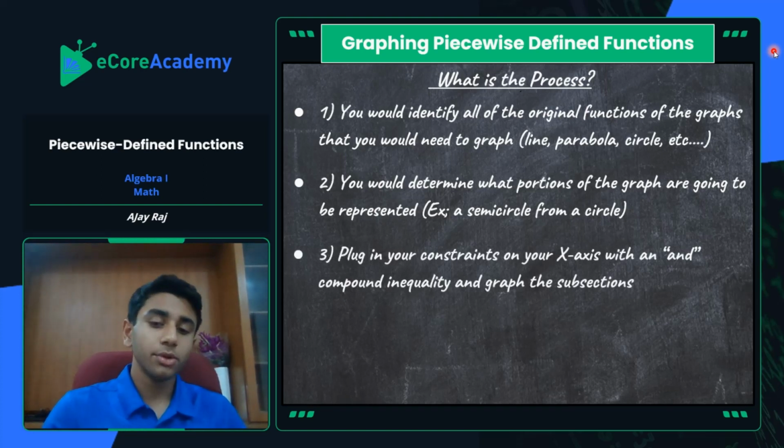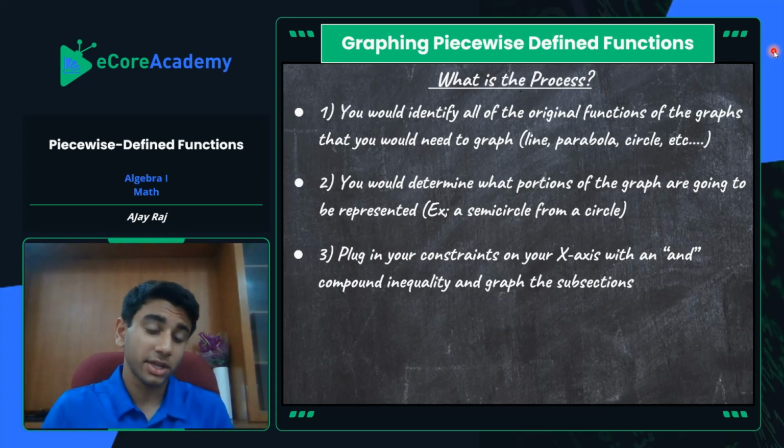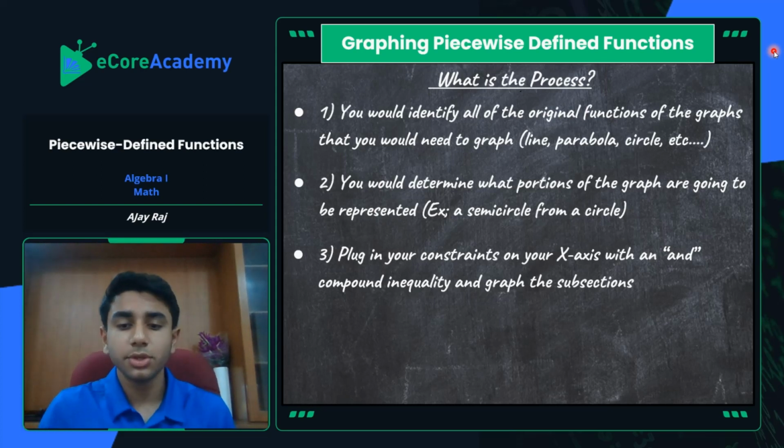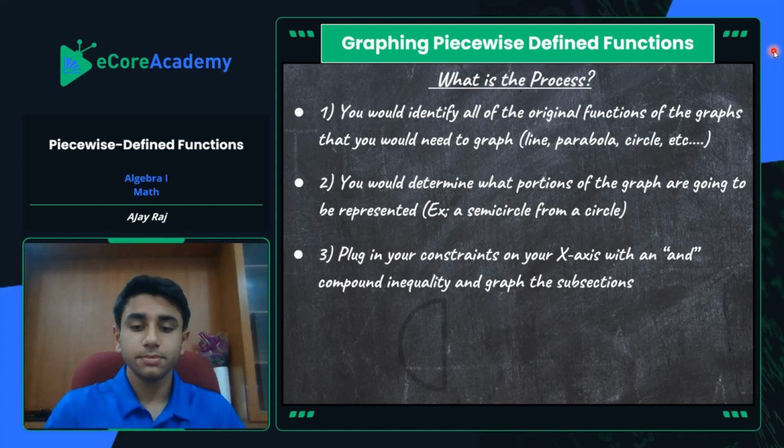And lastly, number three, you'd plug in your constraints, essentially your inequalities, for each separate function, and then essentially that would cause a break in that whole entire figure, like a circle. You put a constraint on it to only go from the center to the exterior point. You'd get a semicircle, and by doing so, you'd graph your subsections and get your piecewise-defined functions.